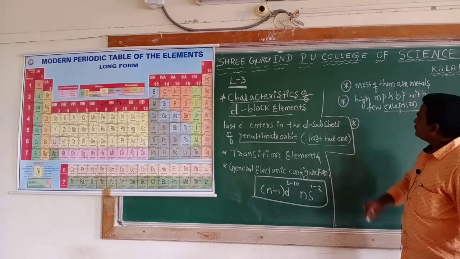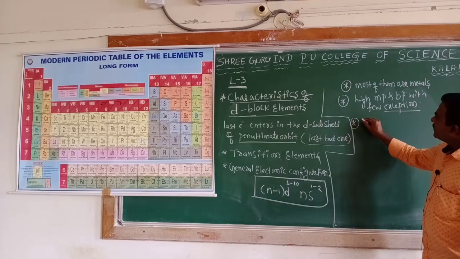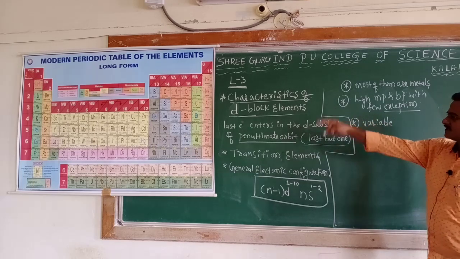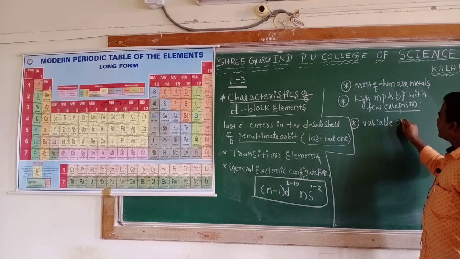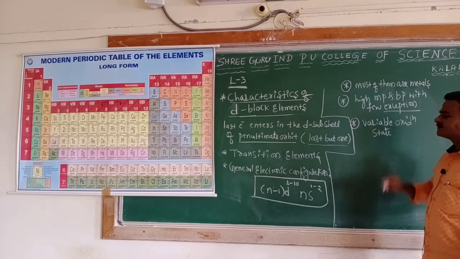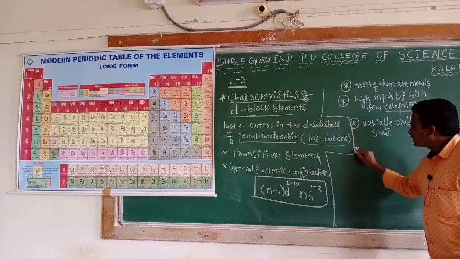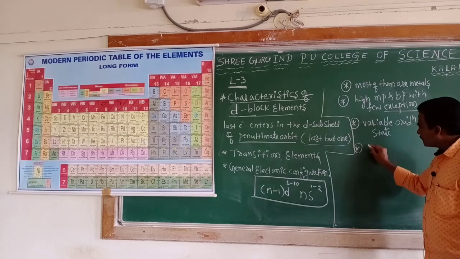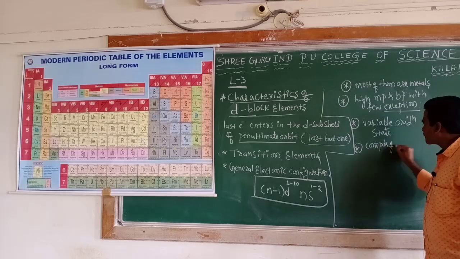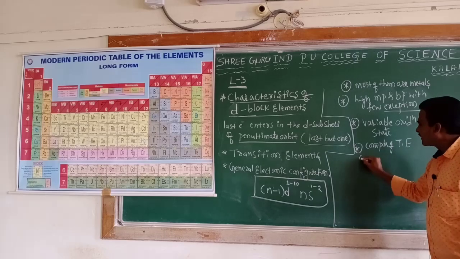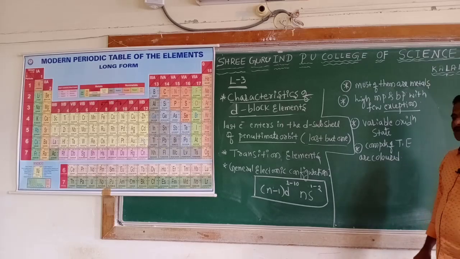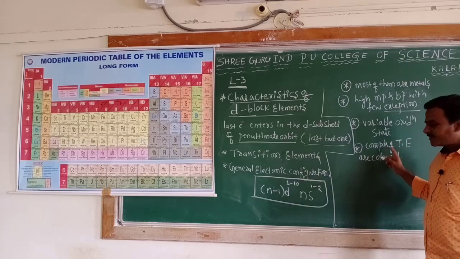Next, they show variable oxidation states. The elements of d block, nothing but transition elements, show variable oxidation states. And the compounds of transition elements are colored.